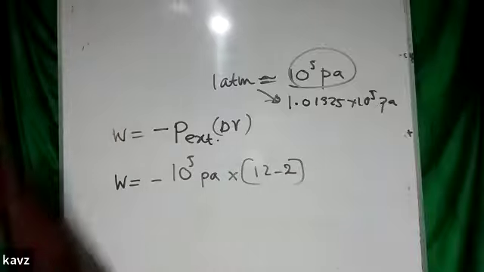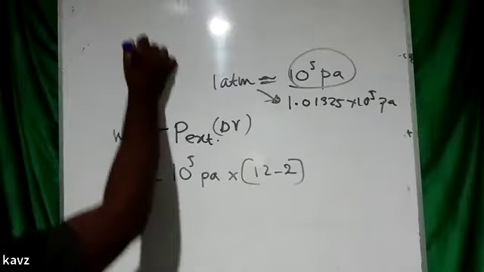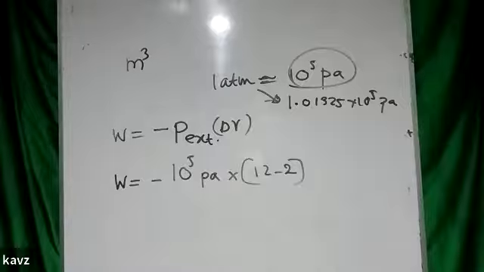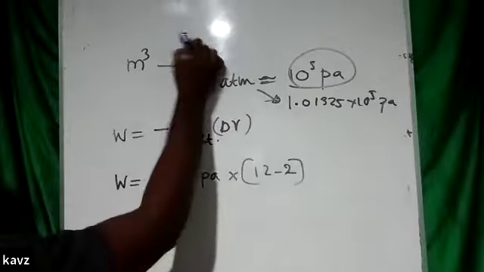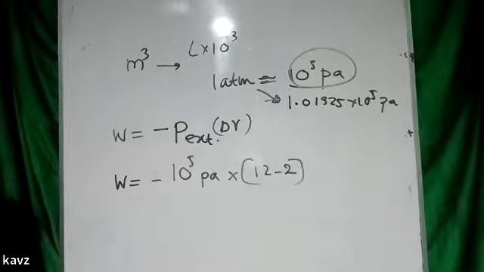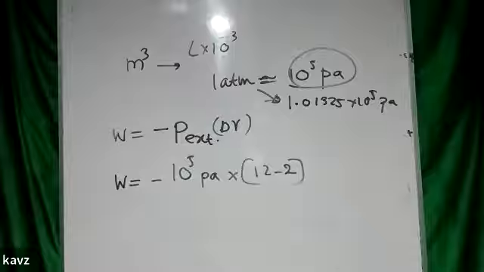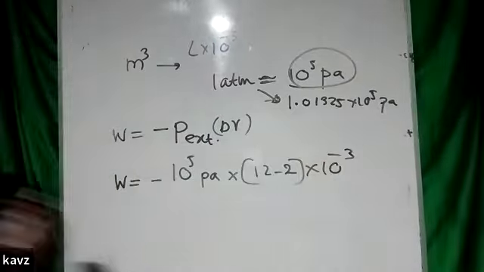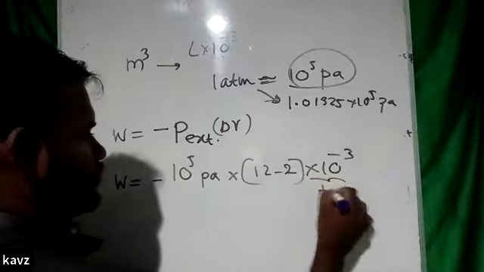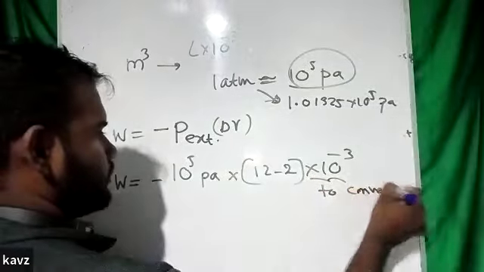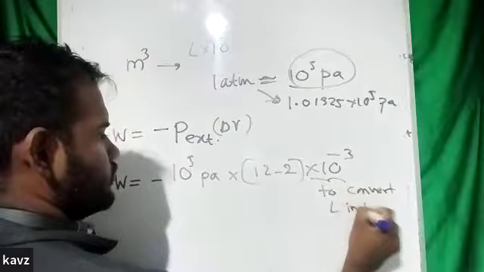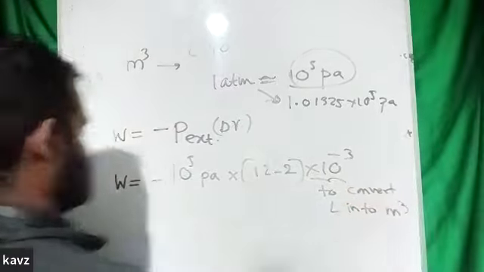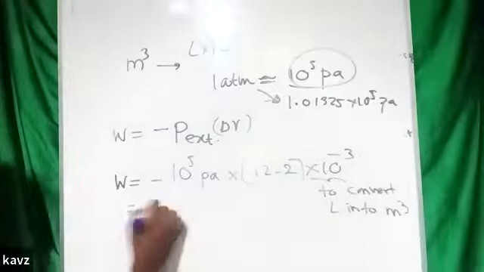When you have to put it in cubic meters, because it is the SI unit, you have to multiply the liter value by 10 to the power minus 3. Then you can get the cubic meter value.